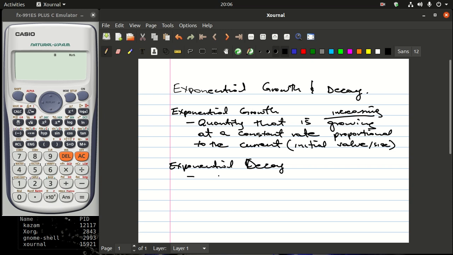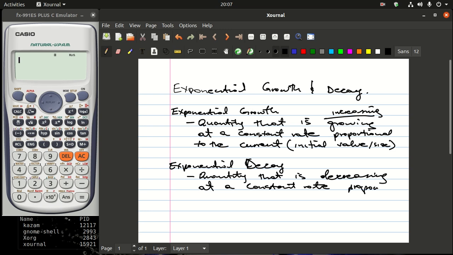An exponential decay is when you have a quantity that is decreasing, the opposite of increasing, decreasing at a constant rate proportional to the current size, or let me say initial size. That's what this is all about.